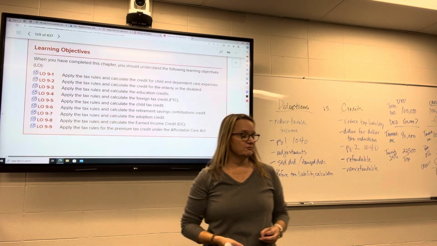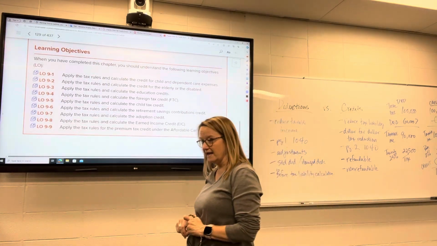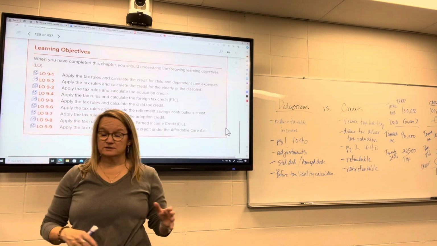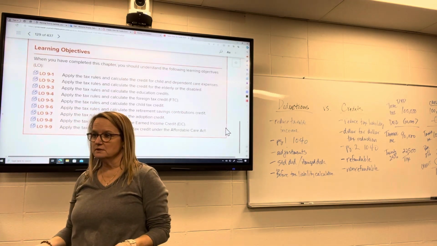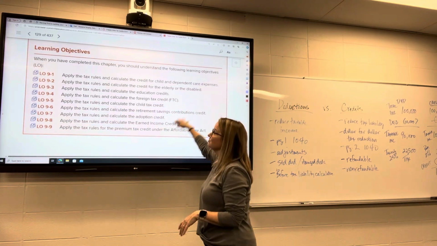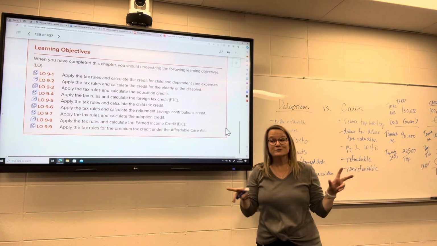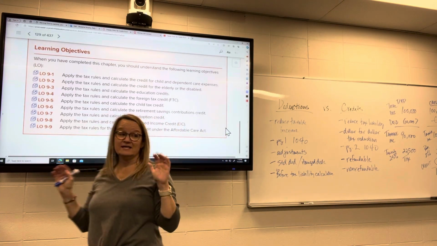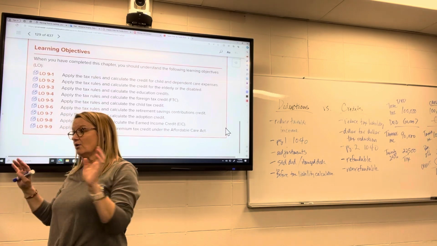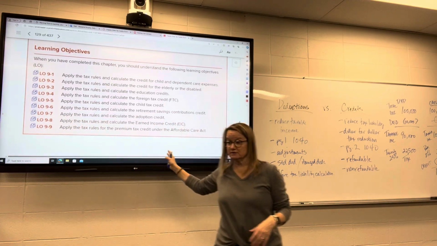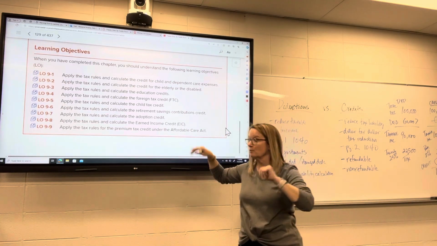This is a credit for individuals who pay expenses toward child and dependent care, child care, daycare, that sort of thing. Now, each of these credits have specific rules attached to them, and for most of them, there are limits. There are AGI limits, again, that apply to whether or not you can take most of these credits. Okay, so we're going to kind of go back to that as well.